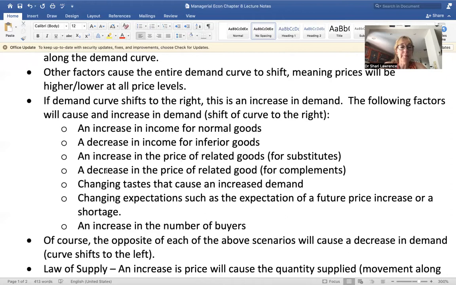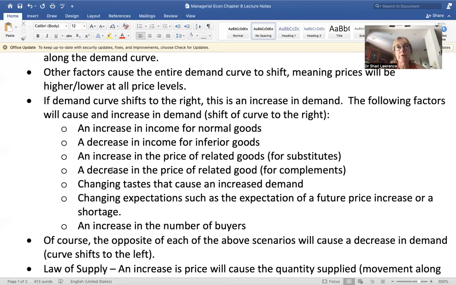All right. Likewise, a decrease in the price for complements is going to increase demand for a related good. So if you have two goods that are complements, and the price of one of the complements decreases, then the demand for the other will go up, right?